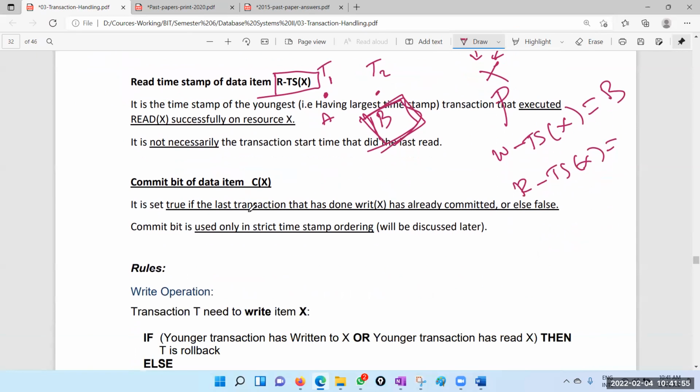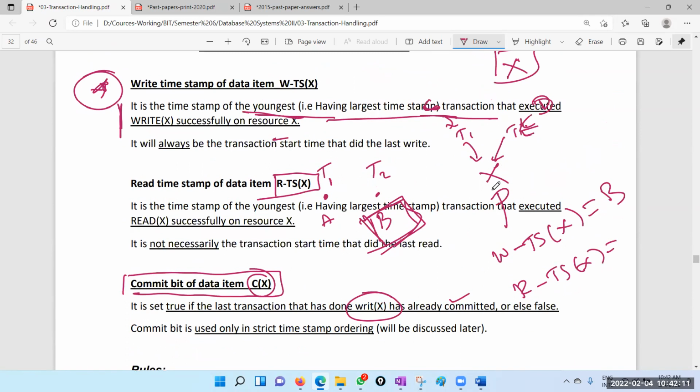Right. So then what is the commit bit? The commit bit is also related to the resource. It is set to true if the last transaction that did a write operation has committed. Say the last transaction that did a write operation is transaction B. If transaction B is not committed by this time, the commit bit is false.